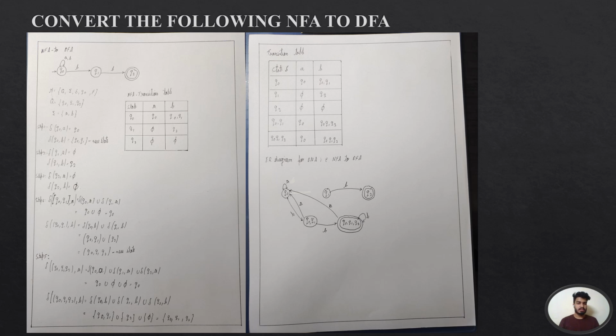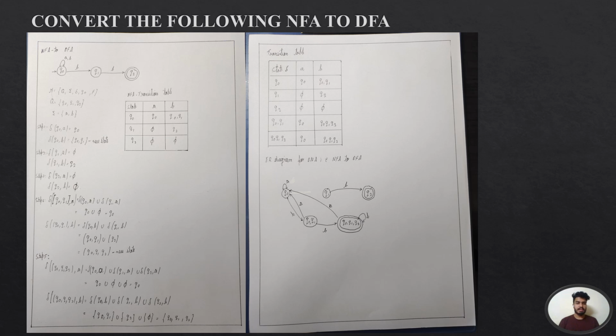Here the transition of Q0 and Q1 with respect to A is equivalent to the transition of Q0 with respect to A union the transition of Q1 with respect to A. Here we get Q0 as the answer, and then we again do the transition of Q0 and Q1 with respect to B, that is equivalent to the transition of Q0 with respect to B union the transition of Q1 with respect to B, and we get the answer Q0, Q1 and Q2, which is the new state, because Q0, Q1 and Q2 weren't together in any of the above states.